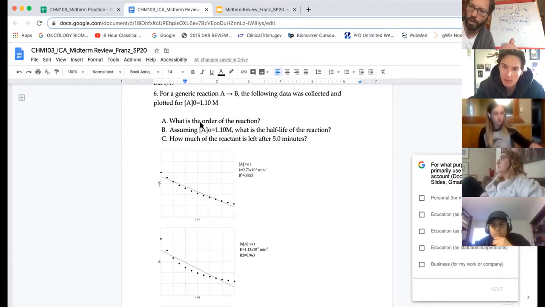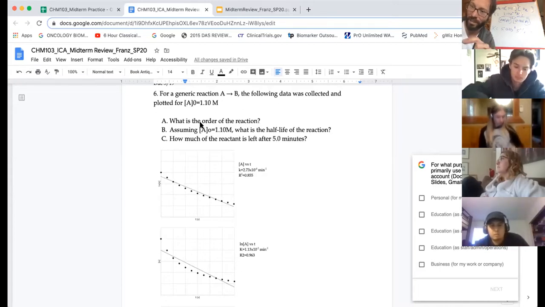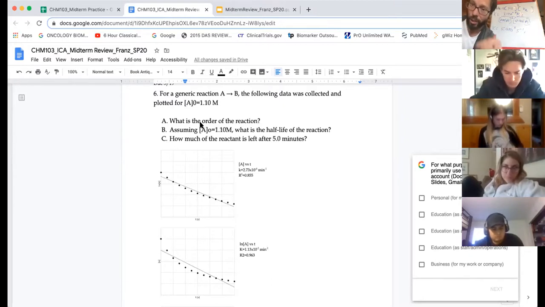If one doubles and the rate quadruples, then it's second order. If one changes and the rate stays the same, then it's zero order, meaning when the concentration of that molecule changes, it has no effect on the rate, so it's zero order. So it doesn't matter. Okay, scratch that, ignore that.